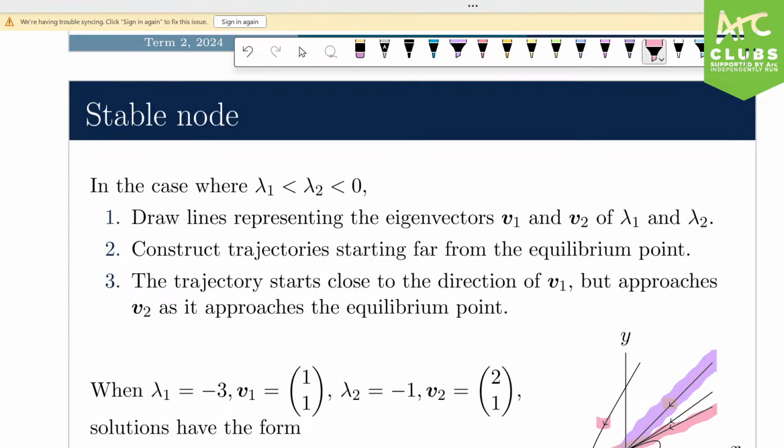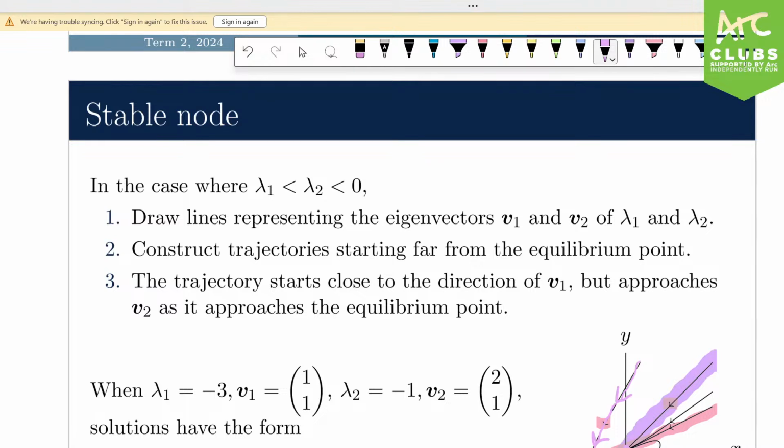If you think of a particle getting shot into R2, with these two eigen directions, which are the spans of the eigenvectors, pulling it in towards the origin, you can think of it like a force field. This particle gets shot in, and it starts getting pulled by the eigenvectors towards the origin. So it ends up here, like that.